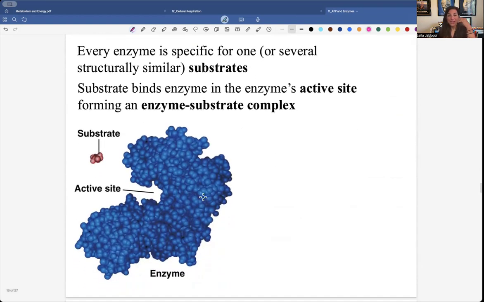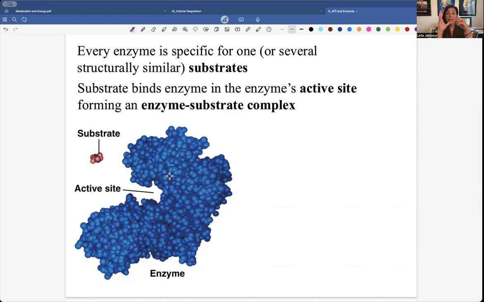Okay, so here's the image that I was alluding to before as I was talking about my couch. This is the picture of a very specific enzyme, and enzymes are specific for specific substrates. I've said this 2 minutes ago, and I'm saying it again because that is a very important concept in this chapter. Enzymes are very specific to their substrates.